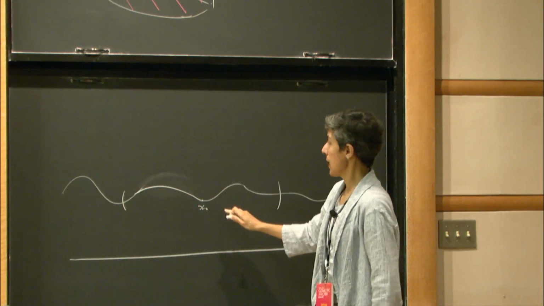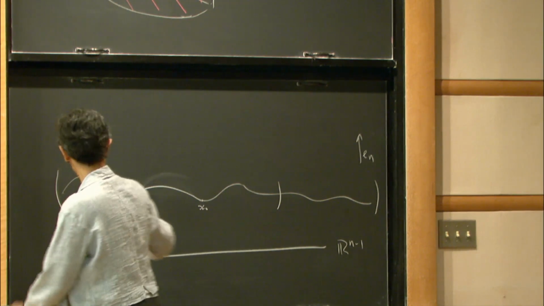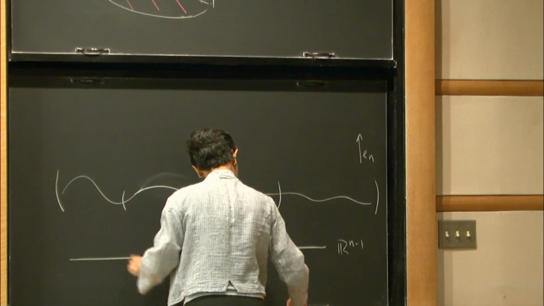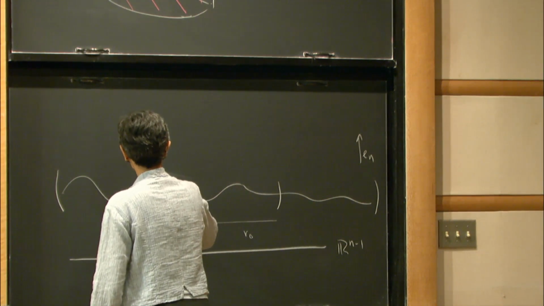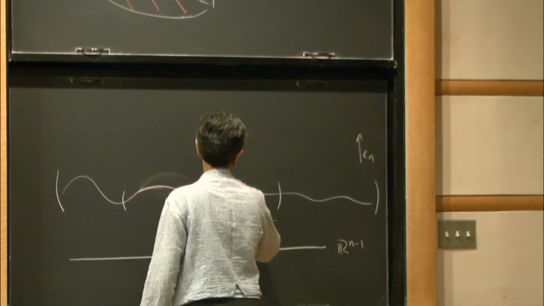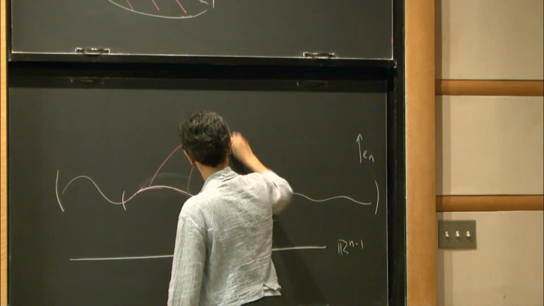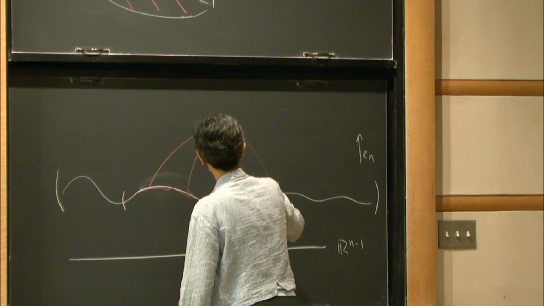There we go. What this is telling us is the following. Every time my oscillation is small in this ball, when I look in this ball, if this is R0, I am seeing a graph. Maybe this is too high, so I don't do that. This one. So there's a Lipschitz function. The Lipschitz function might do this.